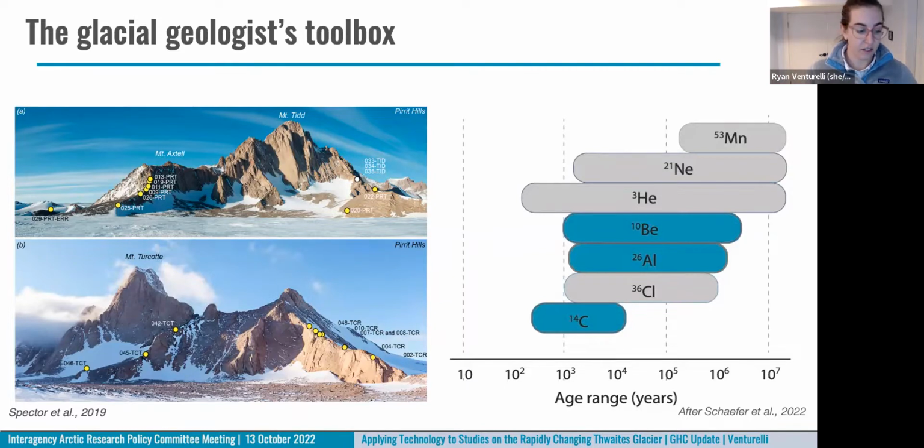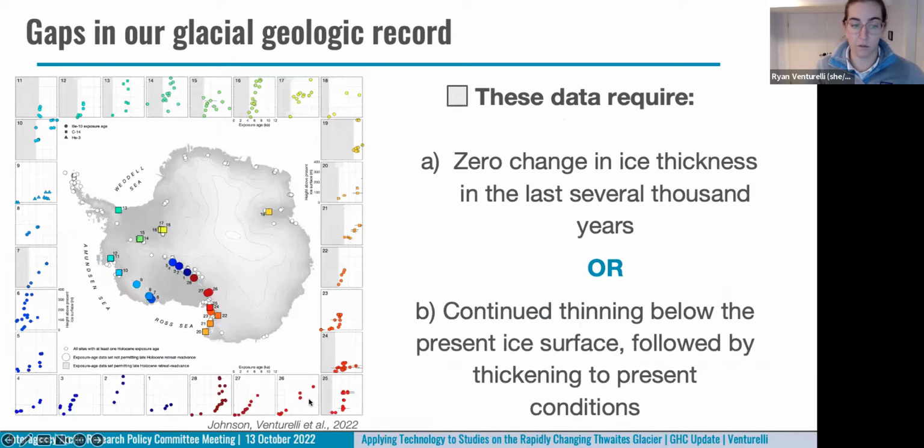And in doing this, we have amassed a really great, at least circum-west Antarctic data set that tells us about what happened since the last glacial maximum around West Antarctica.